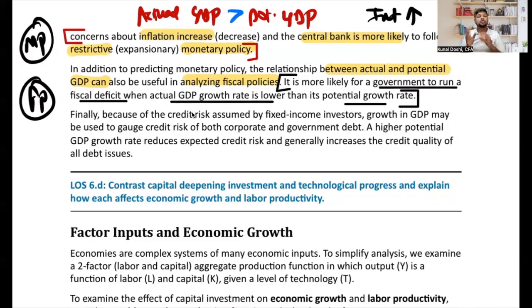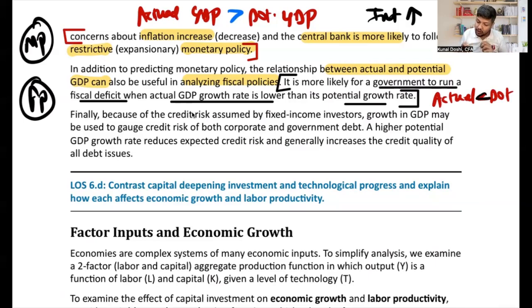Yes. So the government will have a huge fiscal deficit when the actual GDP is below the potential GDP. The government will have to provide tax incentives and spend more into the economy to boost it, and that will lead to a high fiscal deficit.